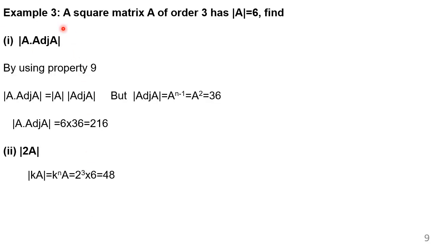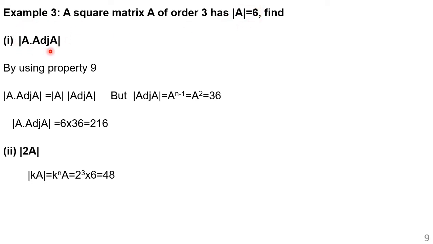We will try to apply these properties to solve some problems. Here it says that a square matrix A is given whose order is 3, and also one more data is given to us, that is determinant of A is given as 6.